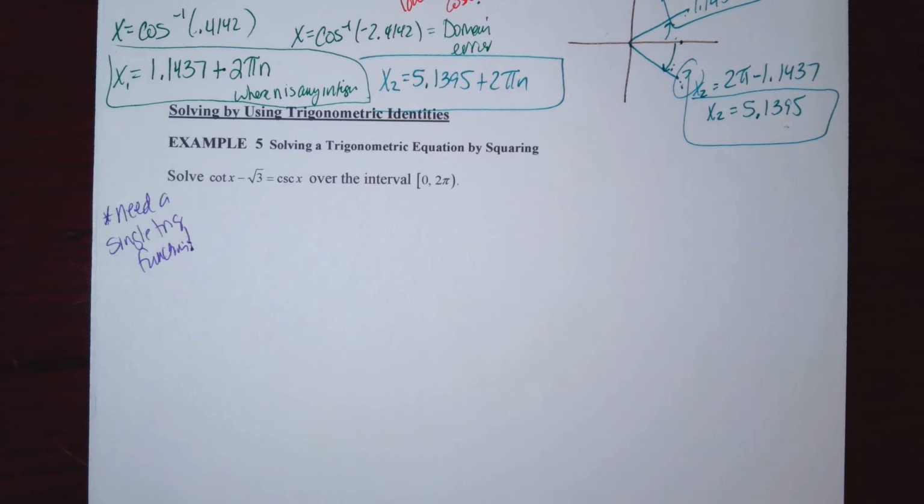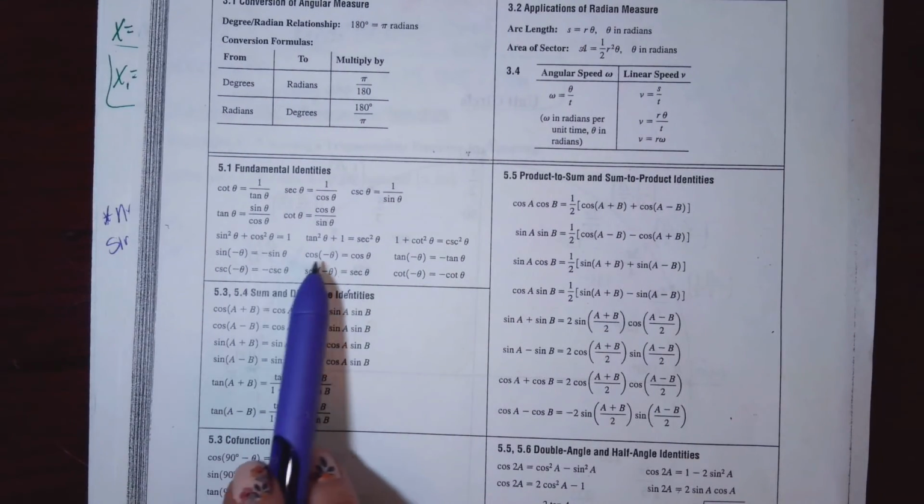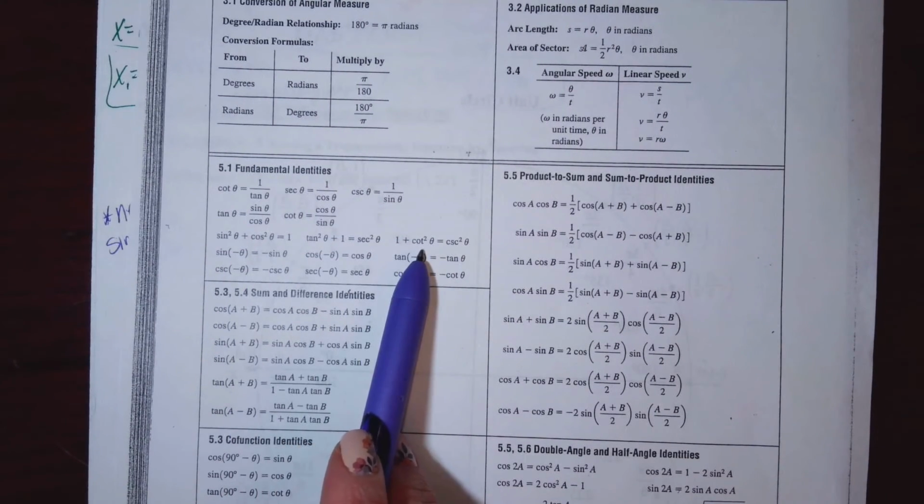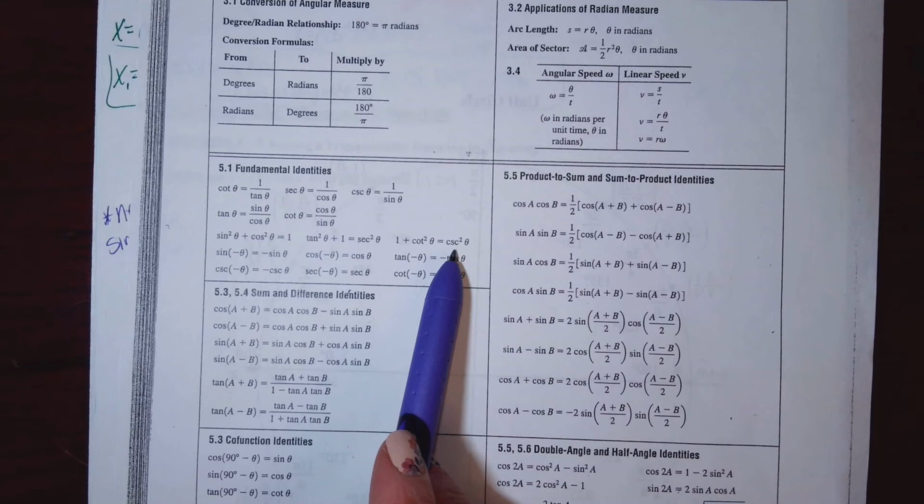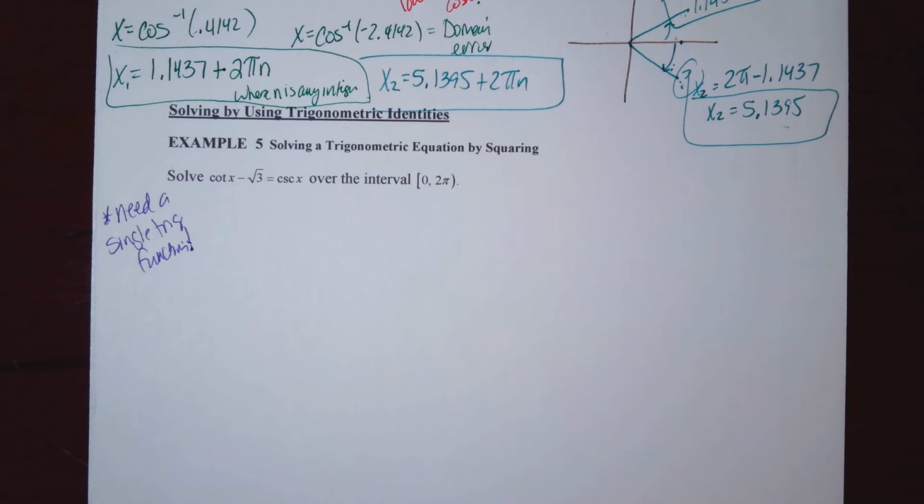Well, how do those two relate to each other? There's something I can use: a Pythagorean identity. Cotangent squared plus 1 is equal to cosecant squared. So if I square them, I will end up with cotangent squared and cosecant squared, and I can make a substitution. That's going to be helpful.